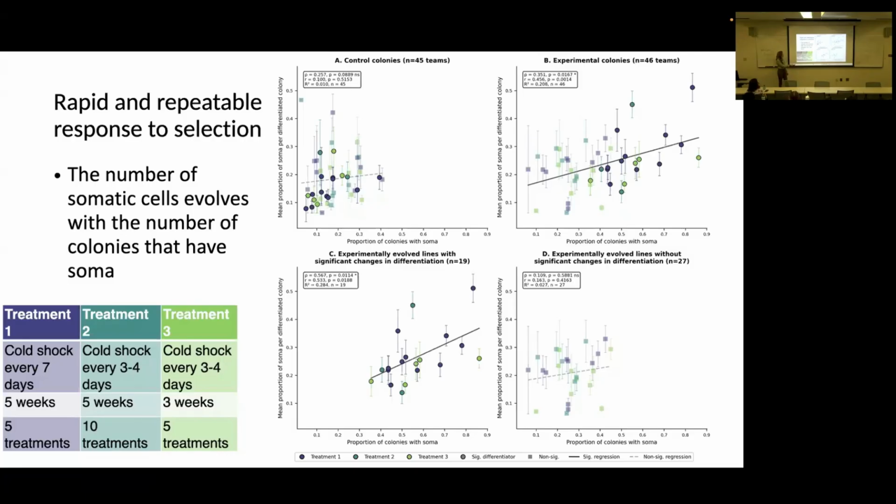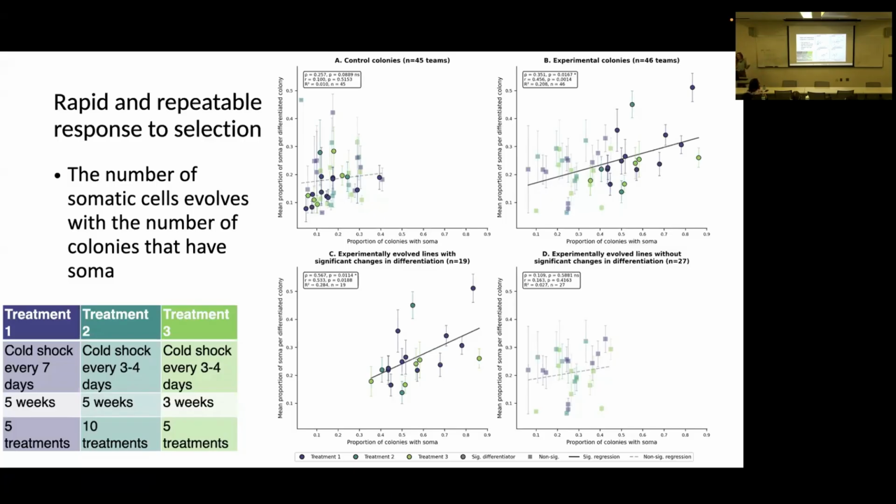So here you've got data for teams that found changes in cellular differentiation. For teams that did not find any changes in the proportion of colonies with somatic cells, there is also no change in the mean number of somatic cells per colony.